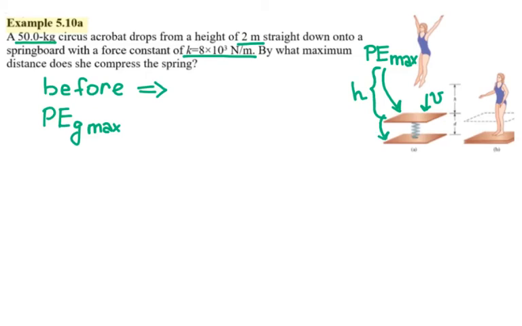So I'm going to say all that is going to go after to the potential energy of the spring. I could also say it this way: all this is going to go into the kinetic energy maximum of her.